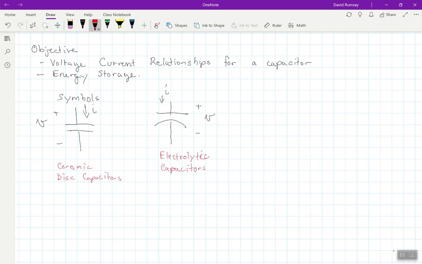As far as how they behave in the current-voltage relationship, there's no difference. The difference is how they are manufactured.